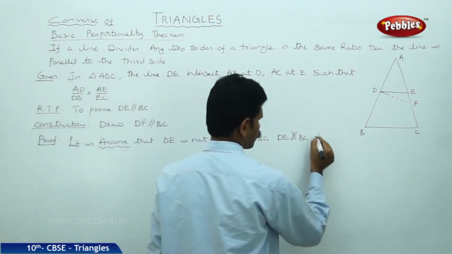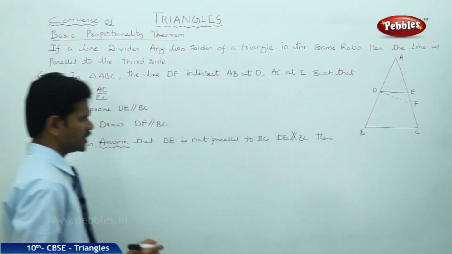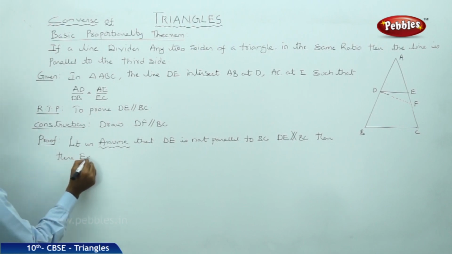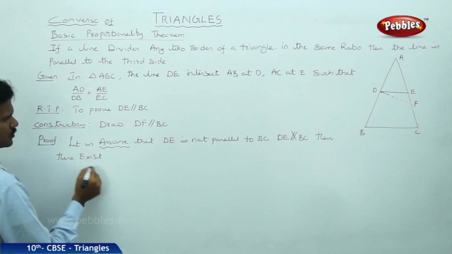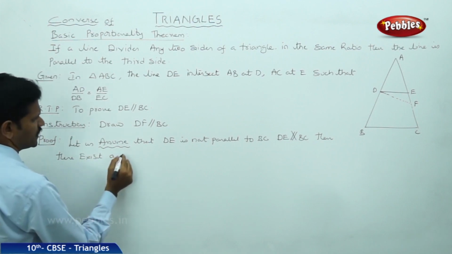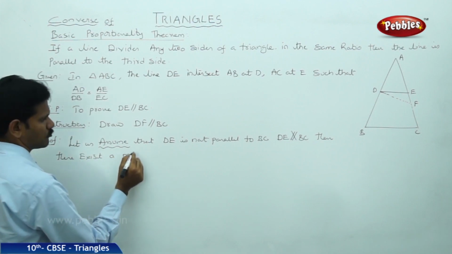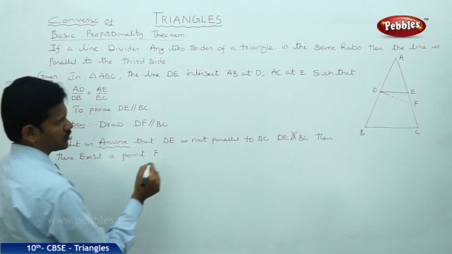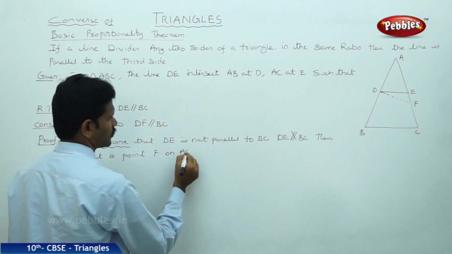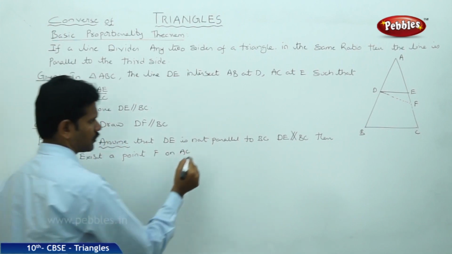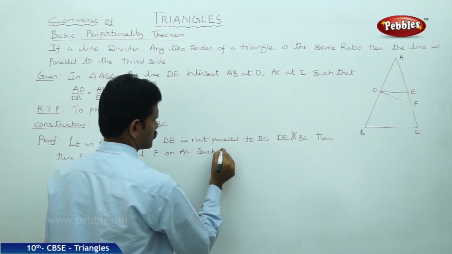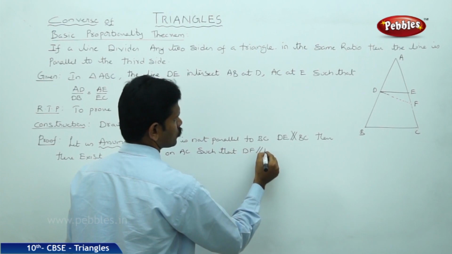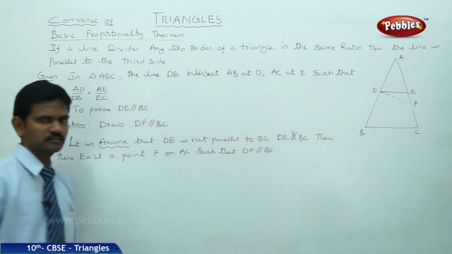Then there exists a point F on AC such that DF is parallel to BC.